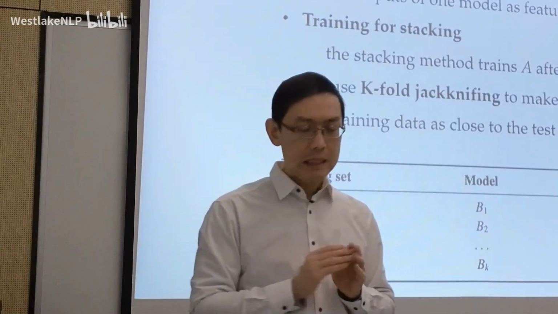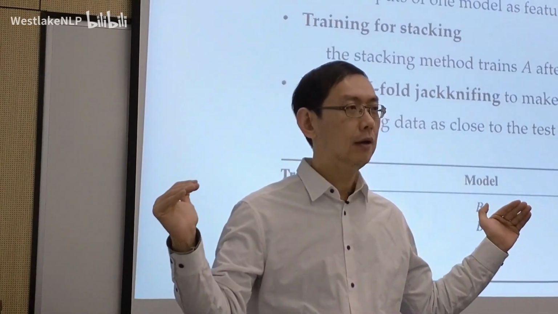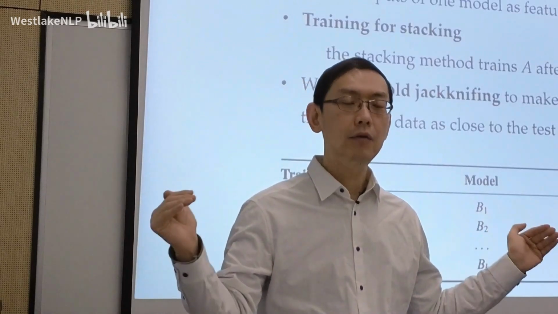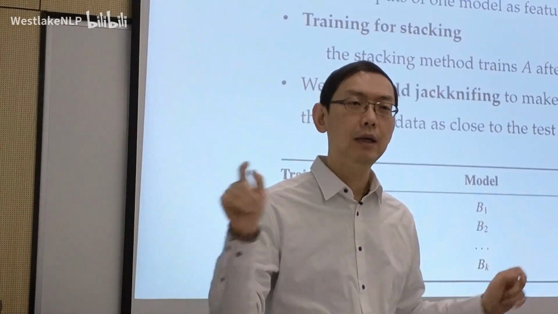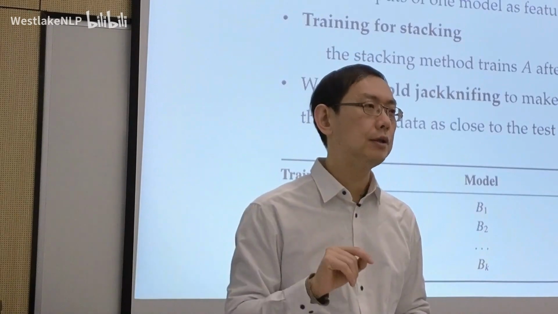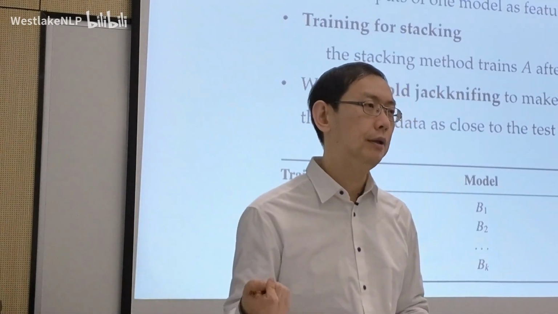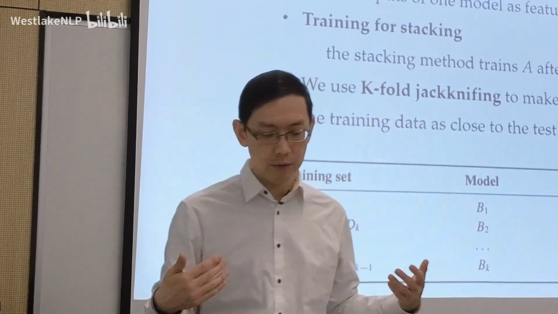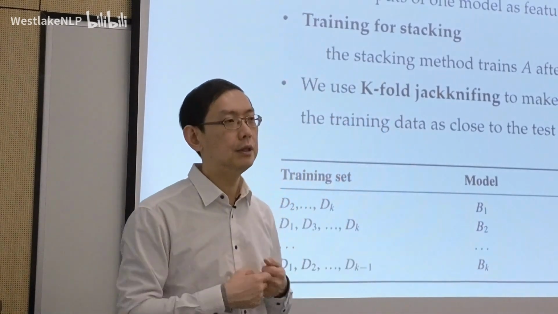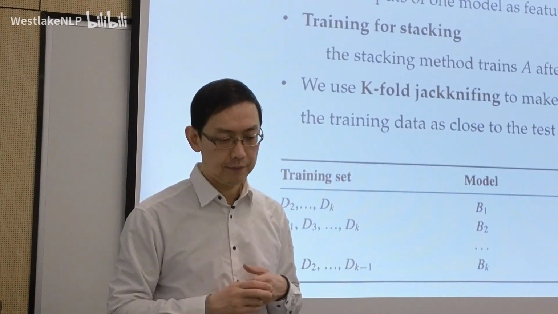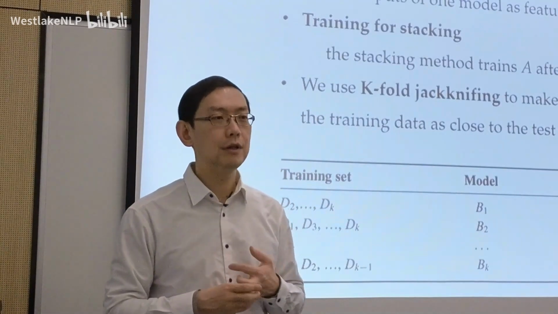You enlarge your higher level model feature vector by adding a lot of new slots. These slots are lower level model decisions, and you train your higher level model by consulting the lower model decisions as features. However, there's a risk.